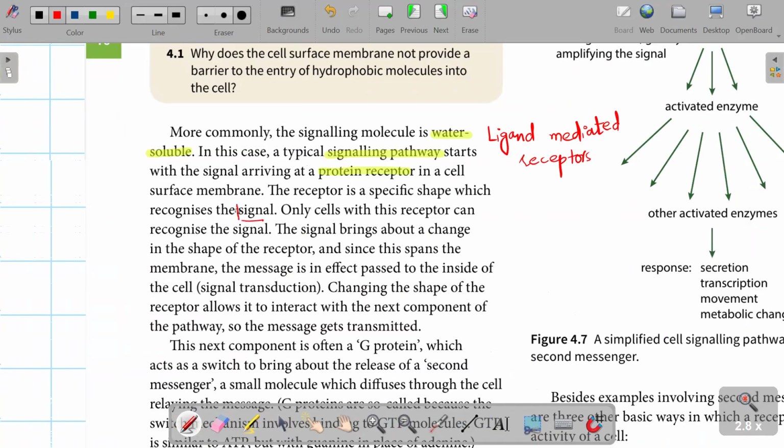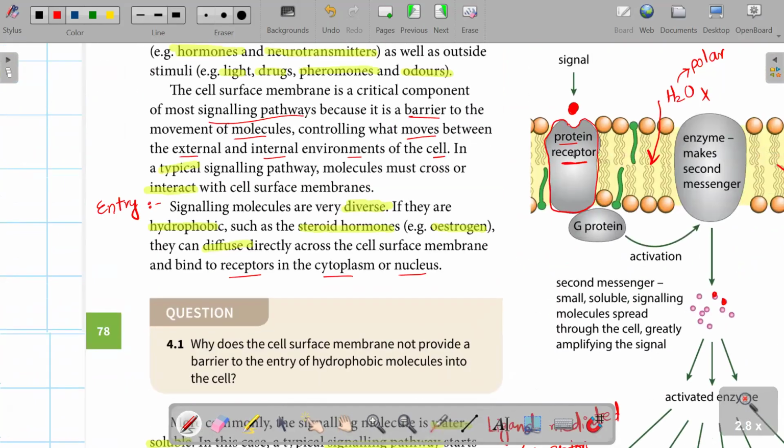You can simply keep in mind the protein receptor. This is a protein receptor. It has a specific shape and it will easily detect the signal. Clear?